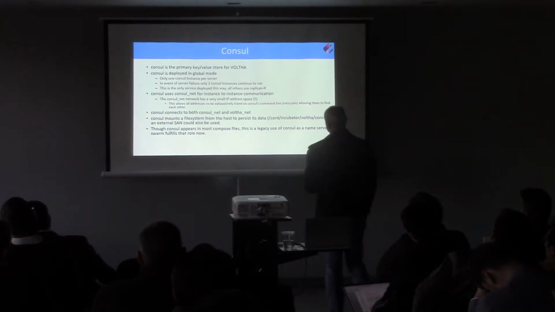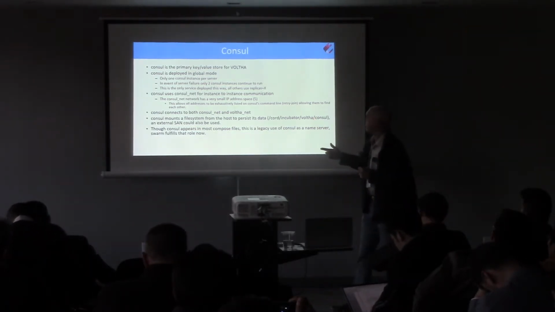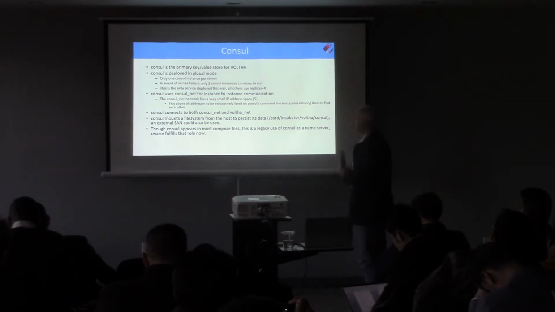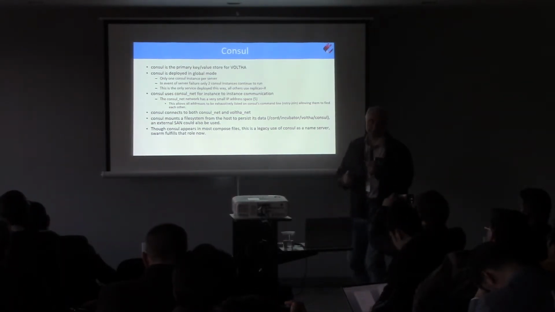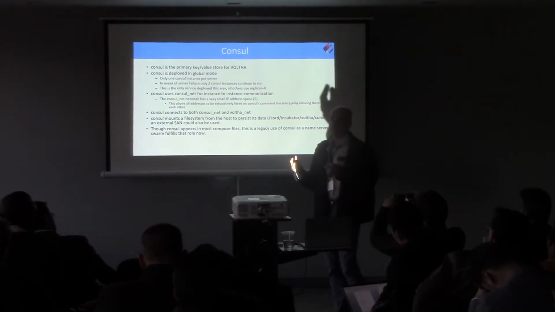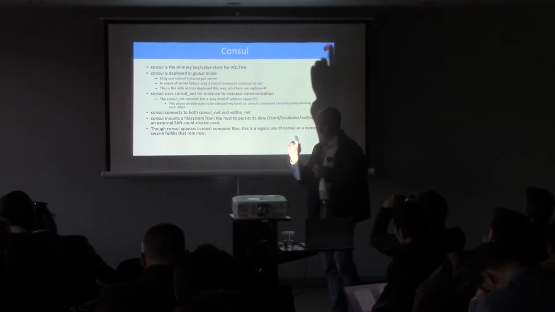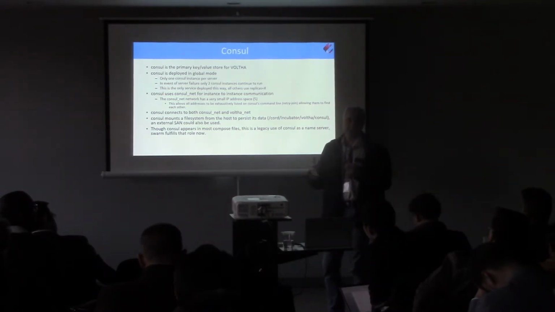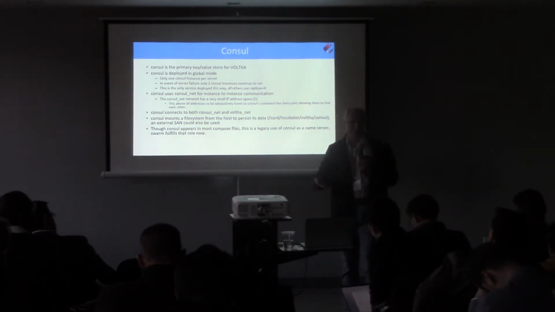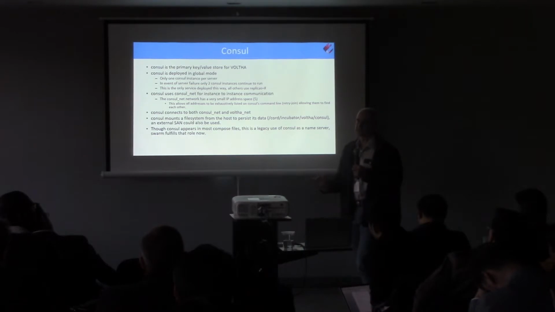Okay, Consul. As I said earlier, Consul is a primary key value store for Volta, and flaky. Consul's deployed in global mode. It's the only application that's deployed this way. Typically, you'll deploy applications with replicas equals some number, which means that if a server dies, a new instance of that container will be started on one of the surviving servers. With Consul, this is not the case.